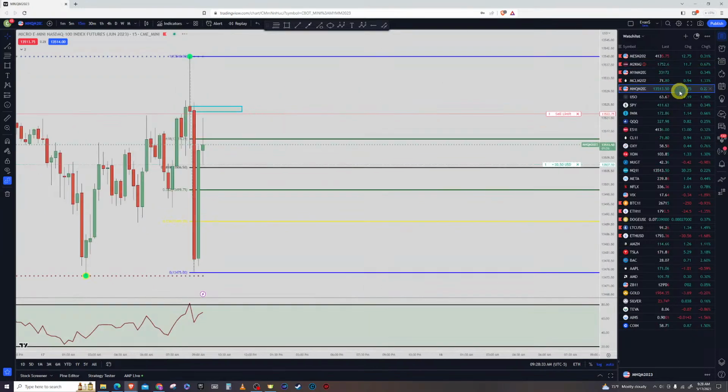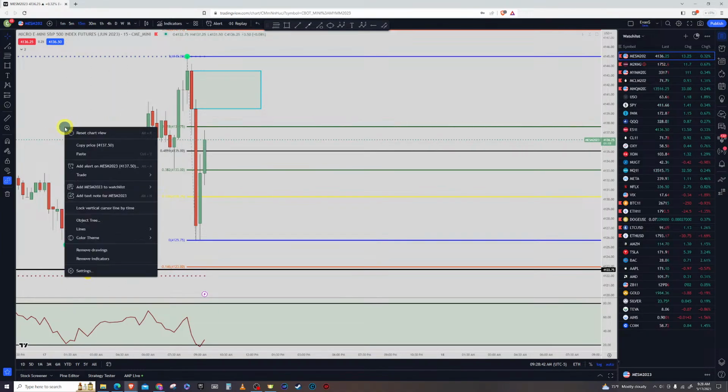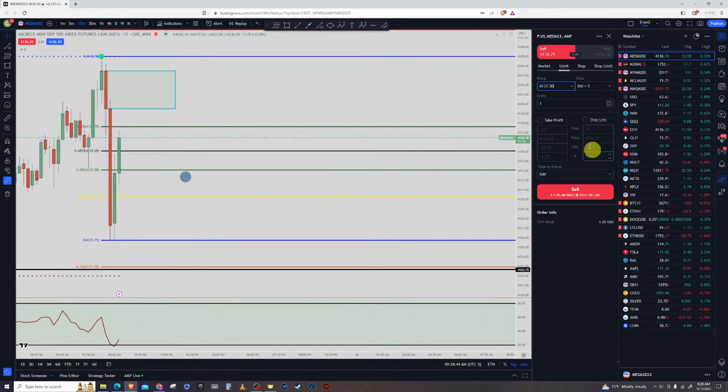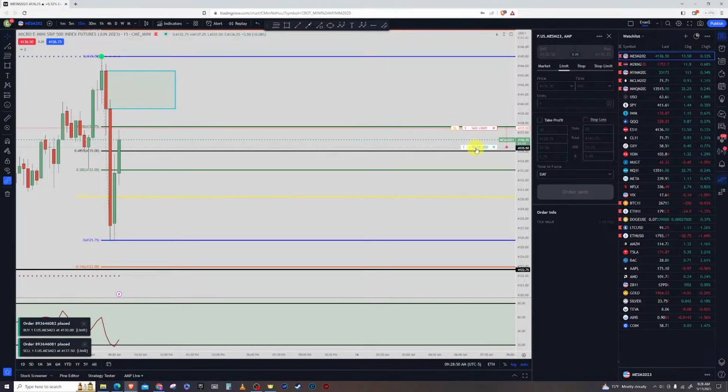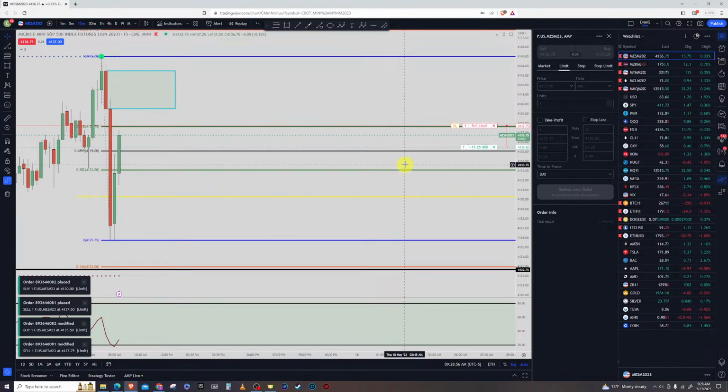So the Nasdaq really isn't following suit so far like Russell is. Oh, the S&P is going up as well. Man, there are some good ones. Let's get in this one as well. Okay.